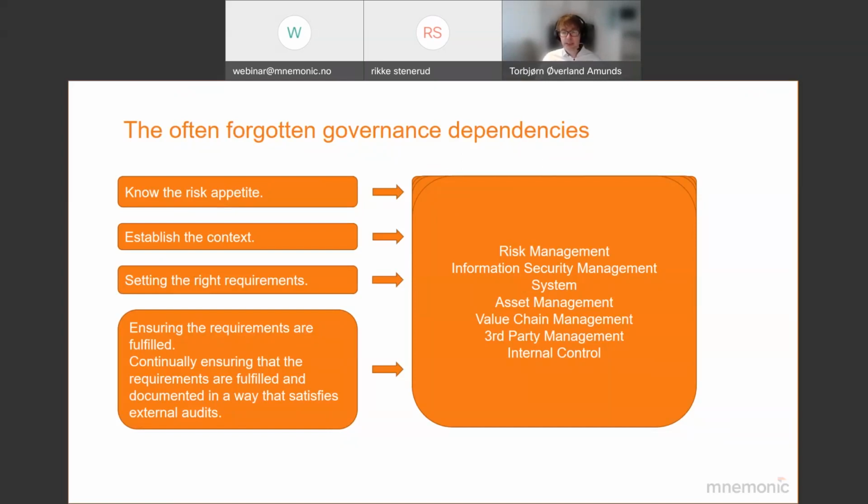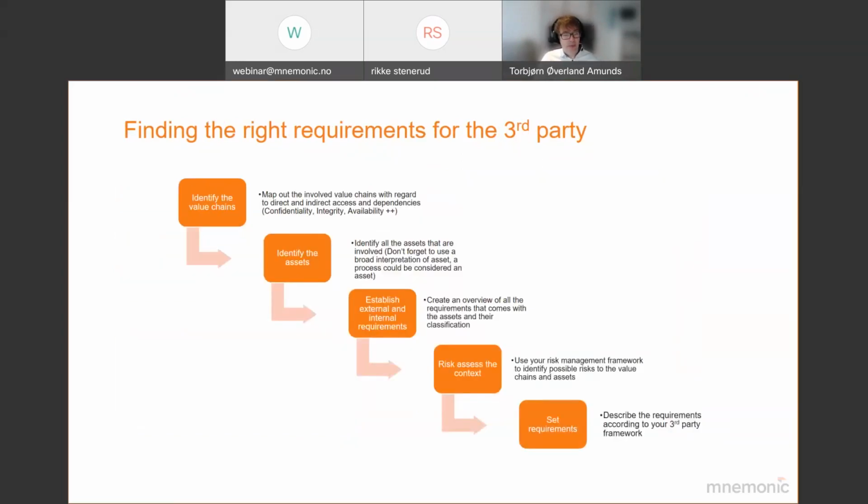But okay, let's assume that this is in place, and look at the challenge of finding the right requirements for the third party. Here is a small process setup. In this slide, you see that first comes identify the value chain, and then identify the assets.